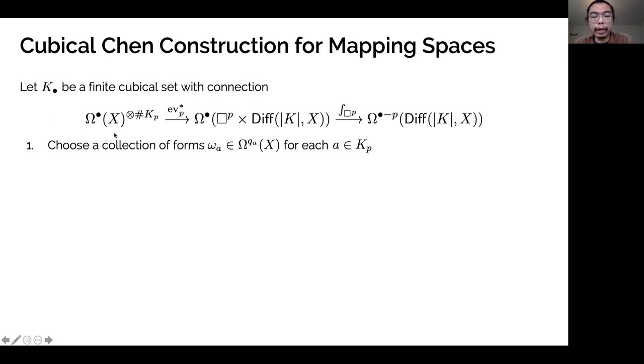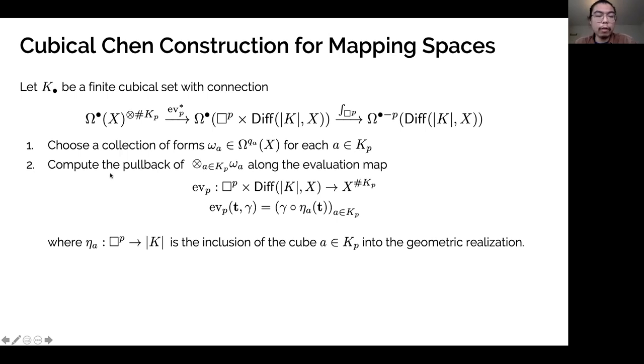We choose a collection of differential forms on X. At this point, I'm just thinking of X as a manifold or a differentiable space. So we choose a collection of differential forms for each of the P cubes in our cubical set. We compute the pullback of the tensor product of these differential forms along this generalized evaluation map.